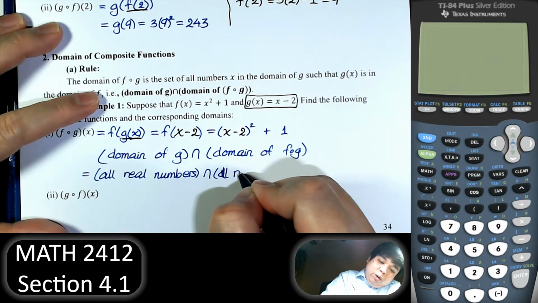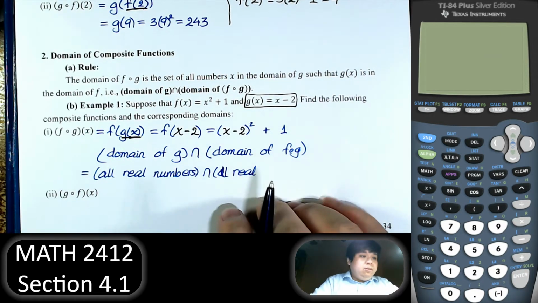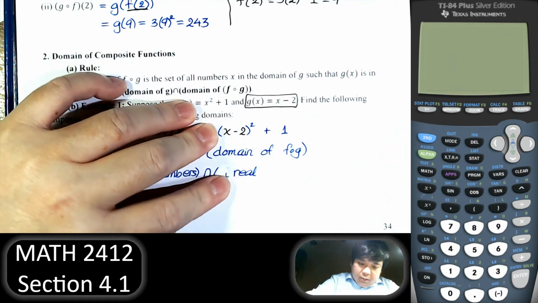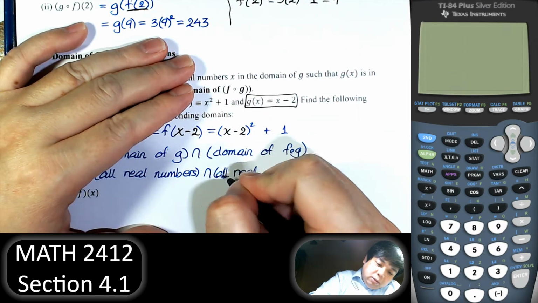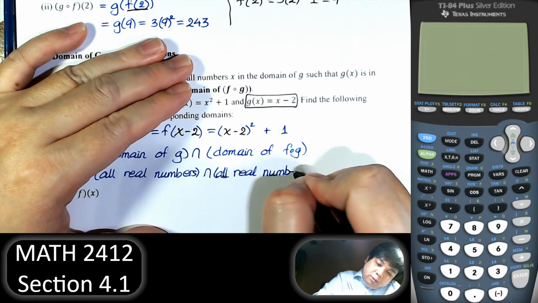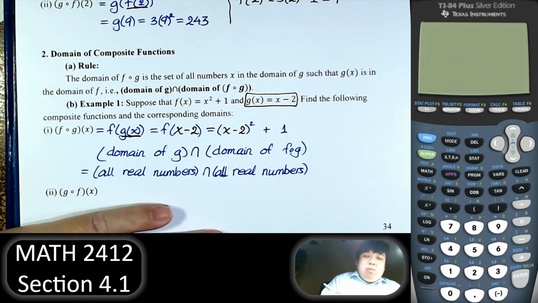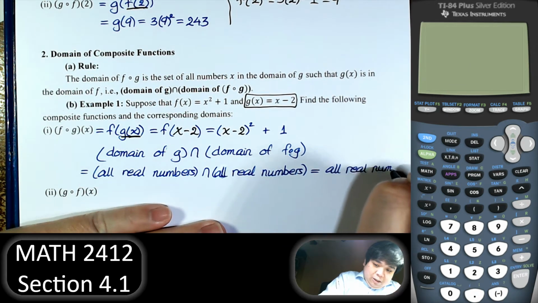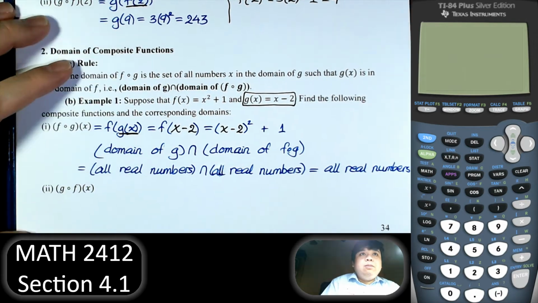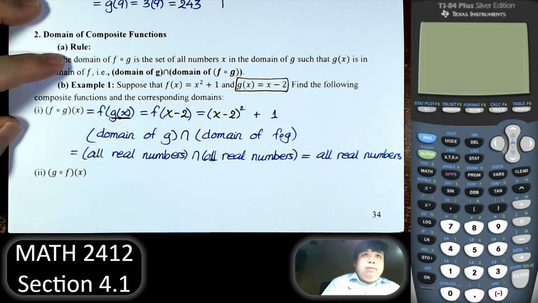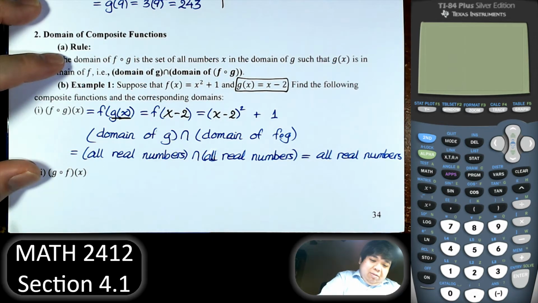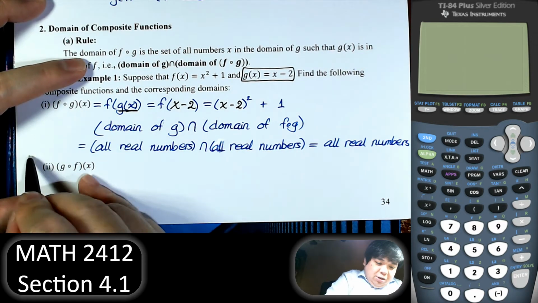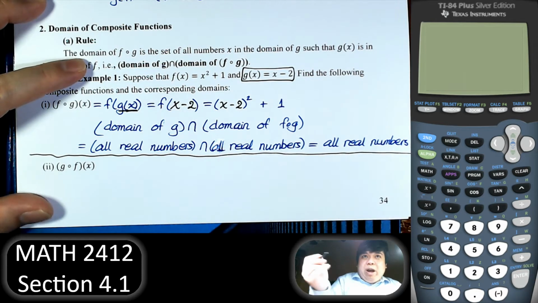All real numbers, because the intersection of all real numbers with all real numbers is all real numbers. Yeah, I could use the bracket notation, but that's good enough. That's the idea, right? So it's no big deal here. Since both of them are polynomials, the domain will be all real numbers.